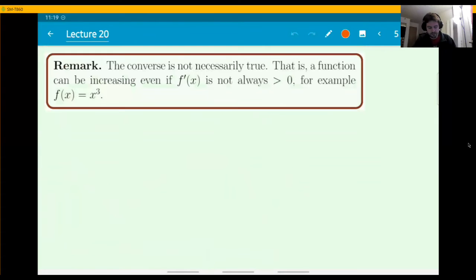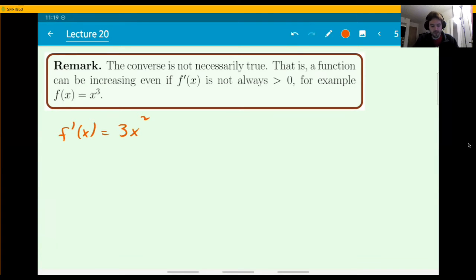All right. Here's an important remark about the test involving derivatives and increasing versus decreasing. The converse is not necessarily true. That is, it's possible for a function to be increasing even if f prime is not always positive. For example, f of x equals x cubed. Let's quickly find what f prime does.